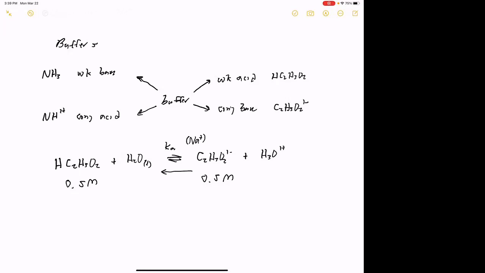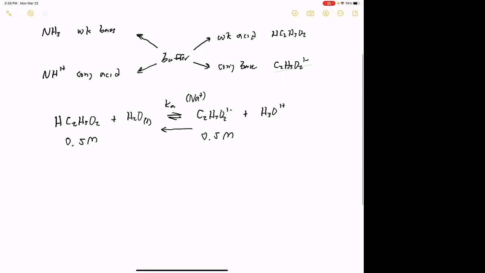In other words, if I make this up to be 0.5 molar in each of these components, the dissociation of each is so small that I can pretty much take it to the bank that it's still going to be 0.5 molar in solution before I do anything else to the solution, right? So there's really literally no dissociation to worry about. Okay, so we'll put that here. What you mix is what you get.